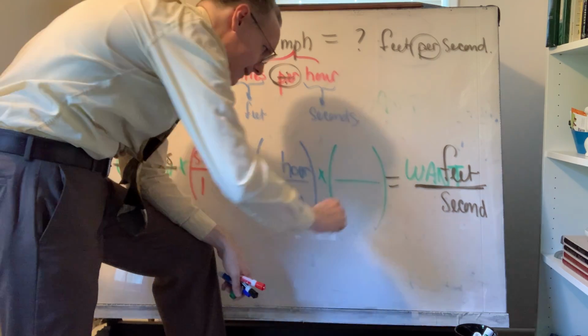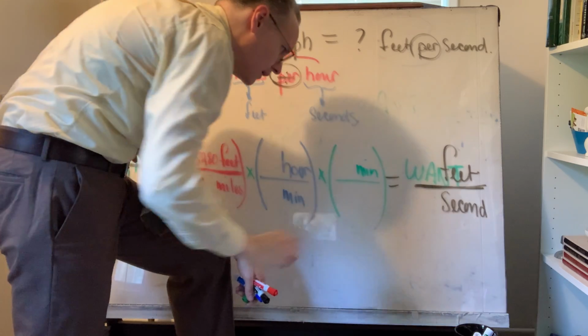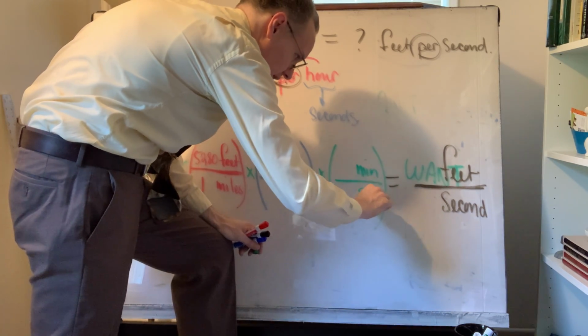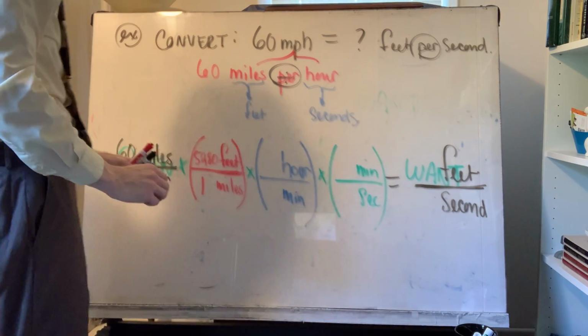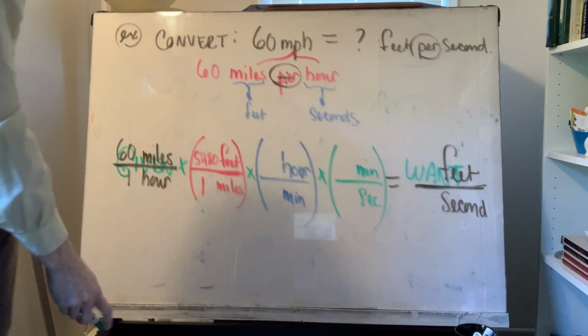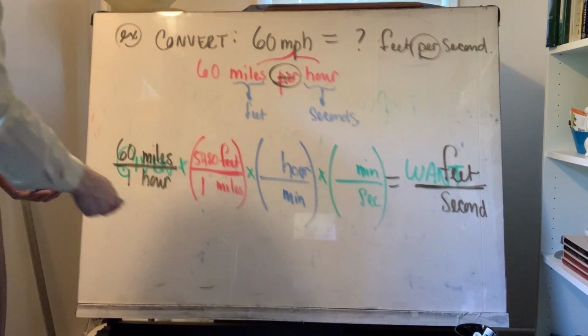If minutes is down here, then minutes would have to end up being above the line here. And I know for sure that I can convert from minutes to seconds directly, so I'm going to put sec here just for the sake of conciseness. Okay, so it looks like I'm going to end up just needing 3 conversion factors in this particular case.